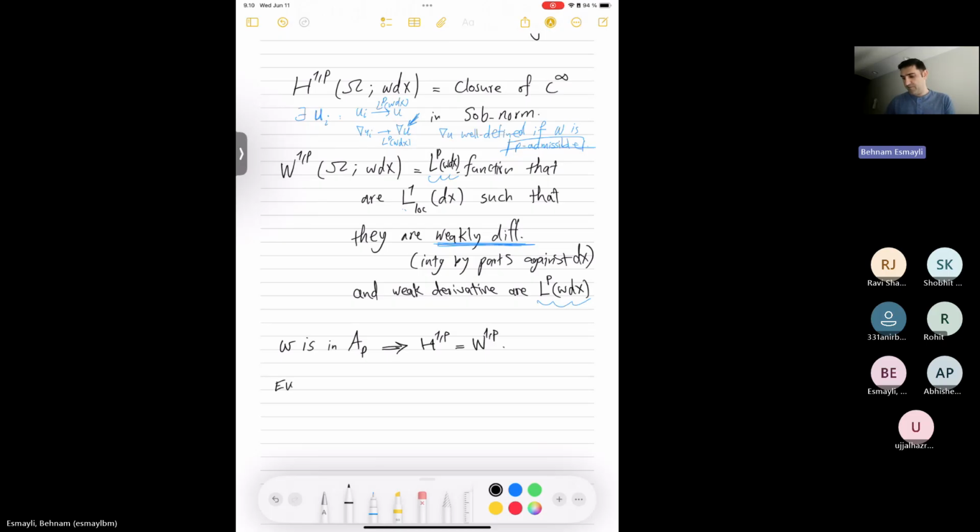Even if w is P admissible, it doesn't imply that these are equal. There are easy counterexamples. Okay, so I hope that is a good enough recall of what these spaces are.